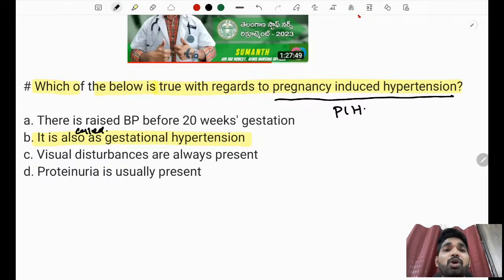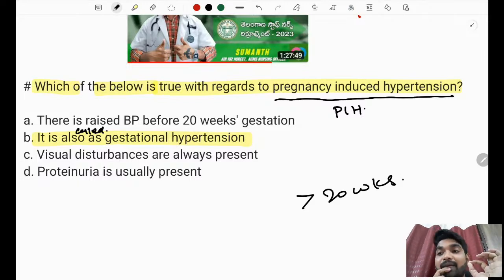Why is option A wrong? Here they are saying BP is raised before 20 weeks of gestation. My dear guys, please remember, if you want to call it PIH, pregnancy induced hypertension, the BP has to rise after 20 weeks.